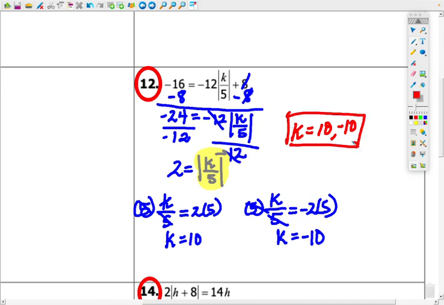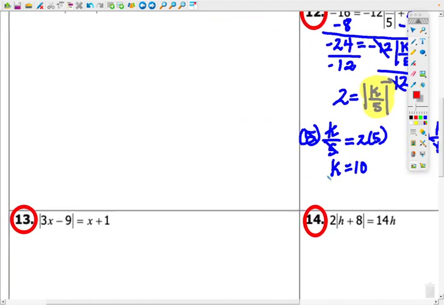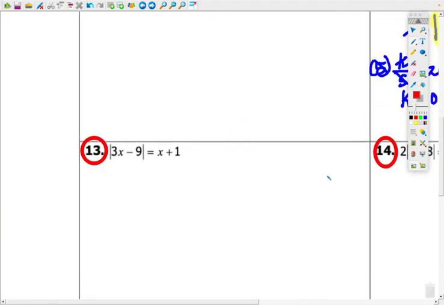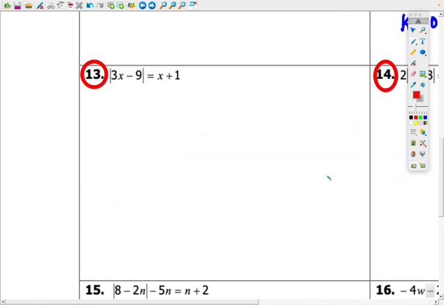Okay. Now let's get to one that has variables on both sides. When you look at number 13, immediately you should see that there's an x on this side and there's an x on this side. But what we've got to concern ourselves with is, first, are my bars isolated? And they are. There's nothing else on this side with 3x minus 9 on either side of the absolute value bars.